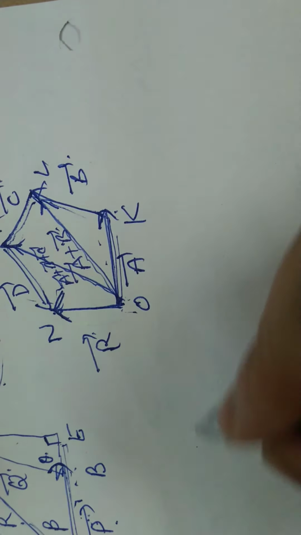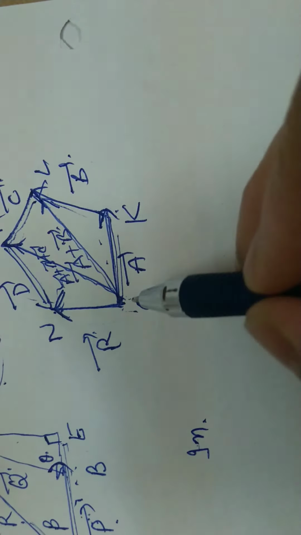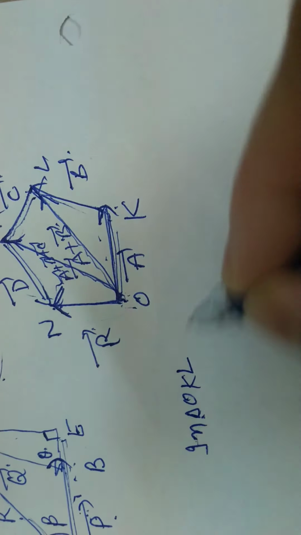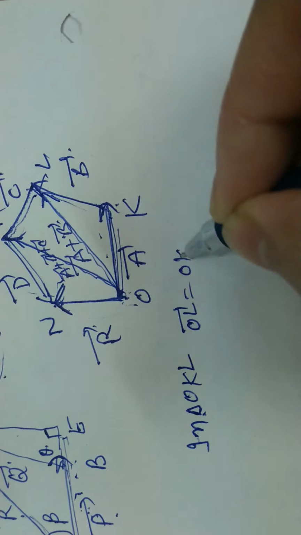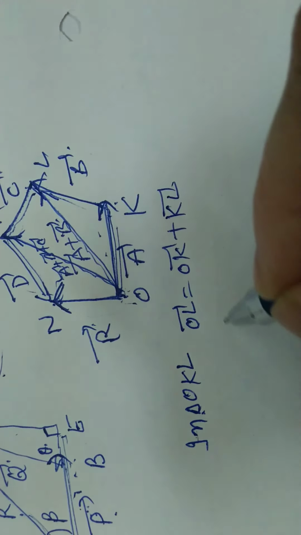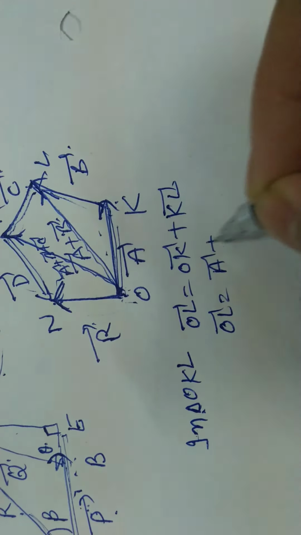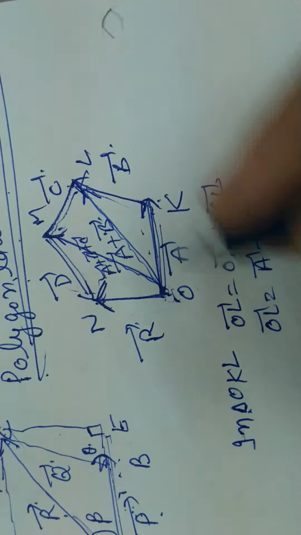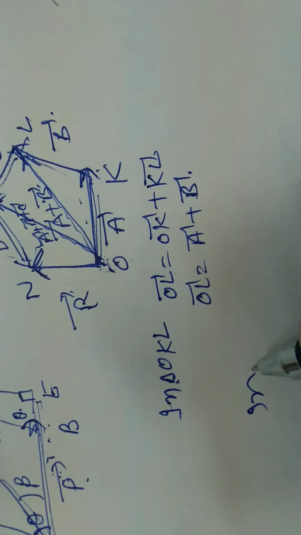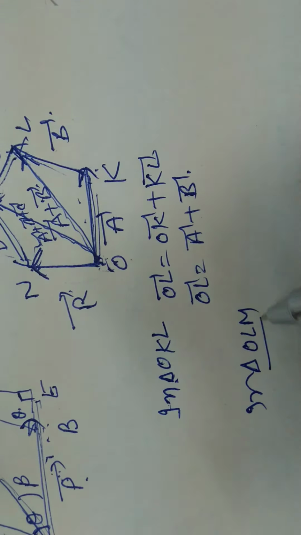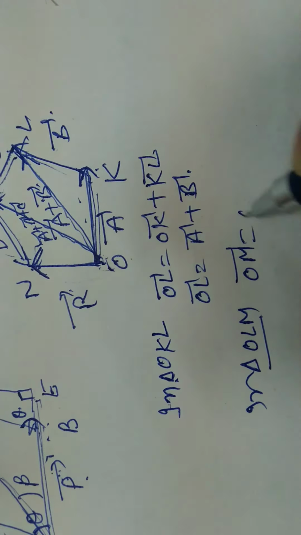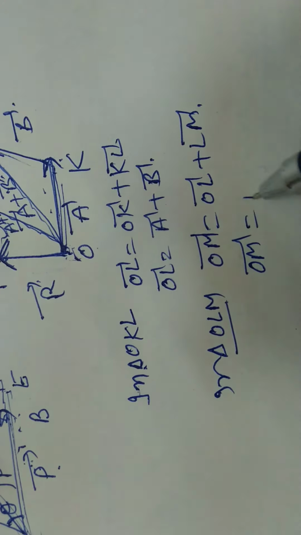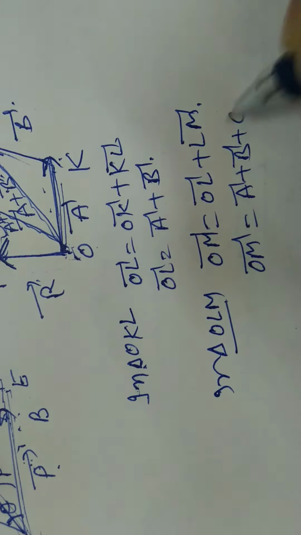We can write this, keeping our order the same. In triangle OKL, OL vector is OK vector plus KL vector, meaning OL is A vector plus B vector. Then in triangle OLM, we have OM vector, that is OL vector plus LM vector, so OM becomes A vector plus B vector plus C vector.